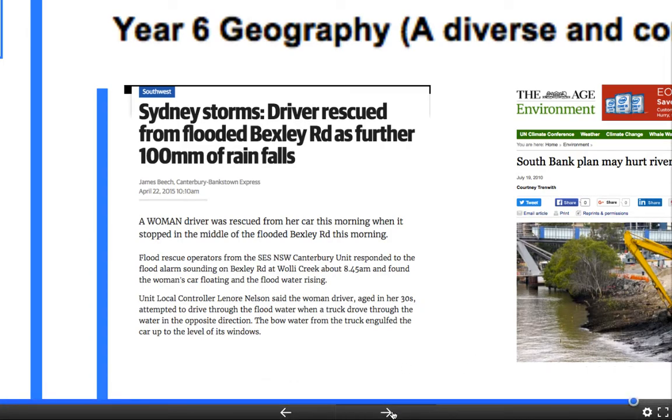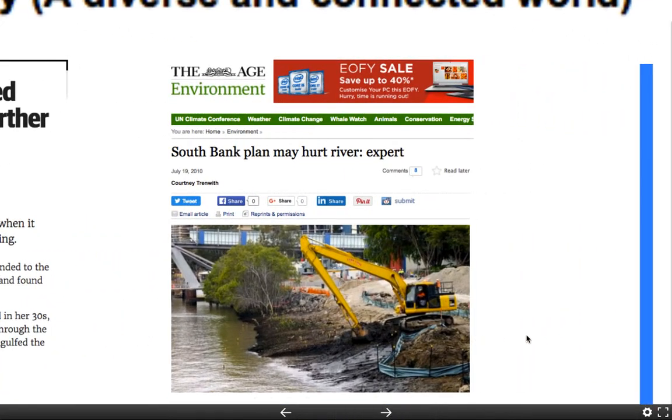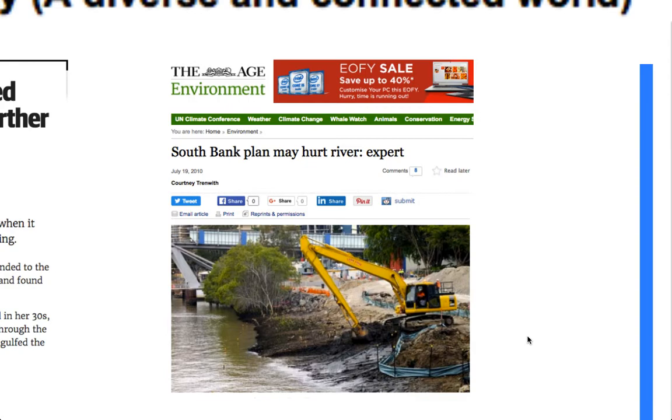And then I also remind them about the floods that happened in 2010 in Brisbane. In July 2010, they removed 300 to 400 mangrove trees along South Bank because they wanted to make it appear prettier. They wanted to decorate the bank. And then in December 2010 of the same year, catastrophic floods swept through South Bank and the low-lying areas near the rivers.